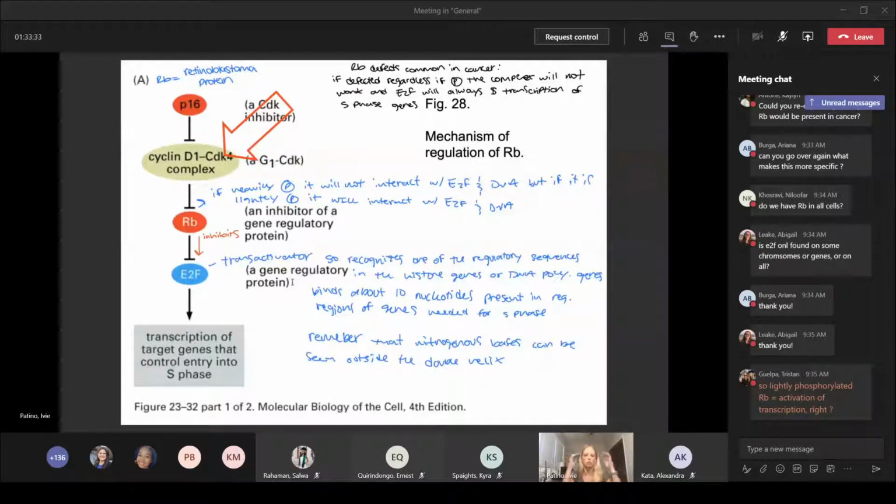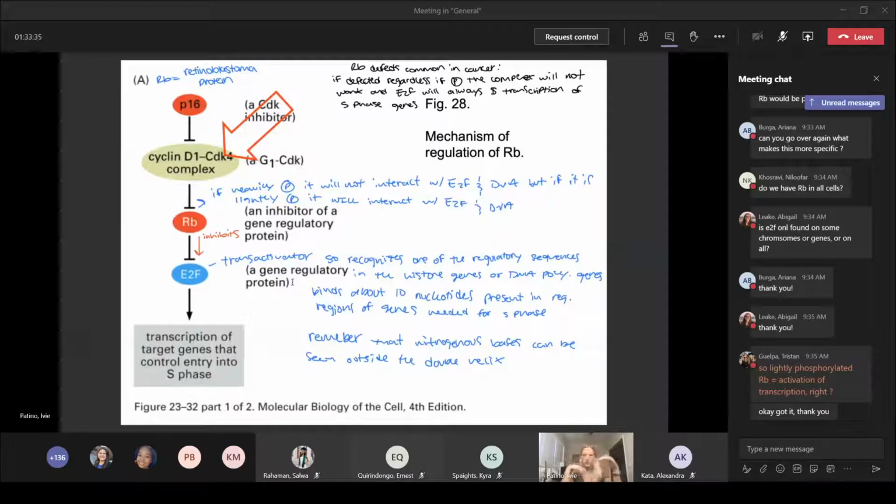So if we want transcription, then we want a heavily phosphorylated RB and E2F is active, bringing in a HAT. If we don't want transcription, then RB will be lightly phosphorylated and it will inhibit E2F, and RB will be bound to an HDAC.